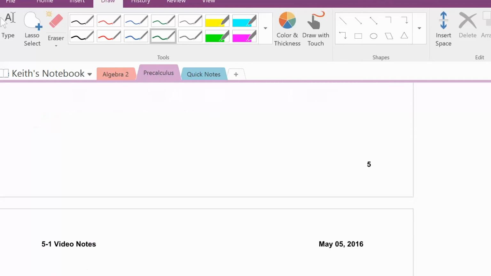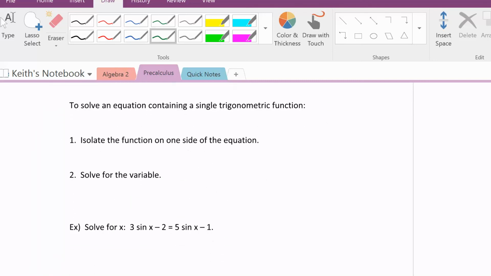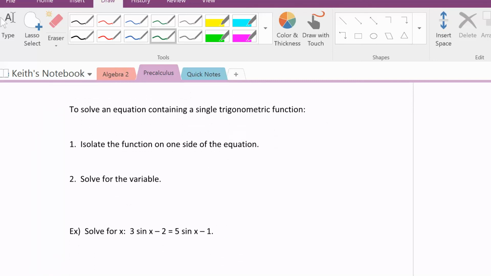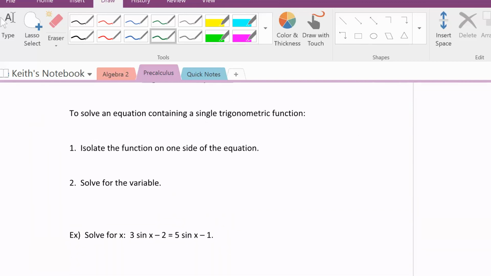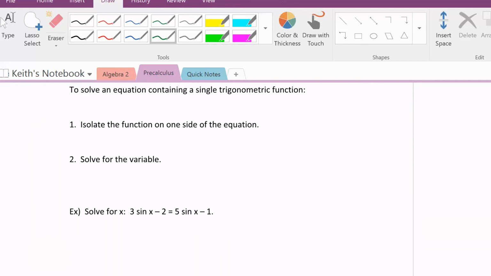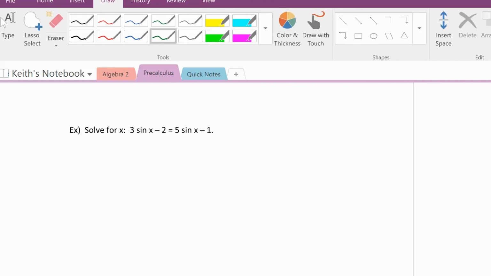Part 2 of this video, we'll talk about how to solve trigonometric equations. So first thing here, to solve a trigonometric equation, we want to isolate the variable on one side of the equation and then solve for it. So for example, 3 sine x minus 2 equals 5 sine x minus 1.